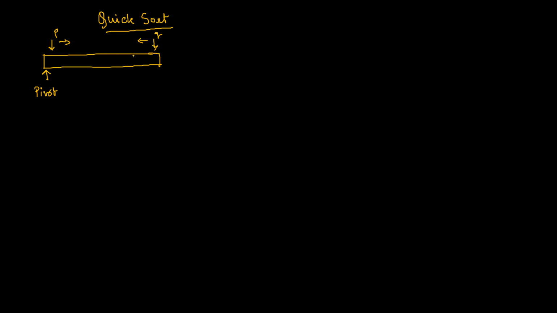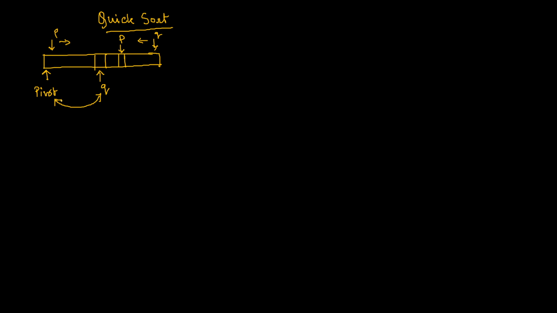When P and Q cross each other, we don't have any exchange of the values pointed by P and Q. Rather, assume that this is the location where Q has stopped, and P has crossed somewhere and stopped here at the end. So when we find that P has crossed Q, we stop, and we have an exchange between the data pointed by Q and the data pointed by the pivot.